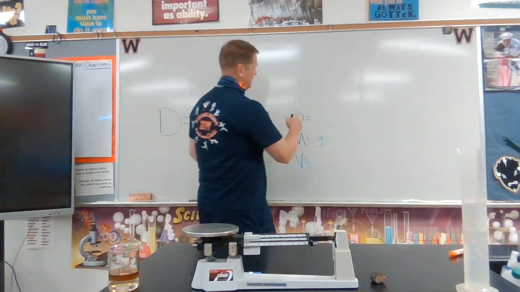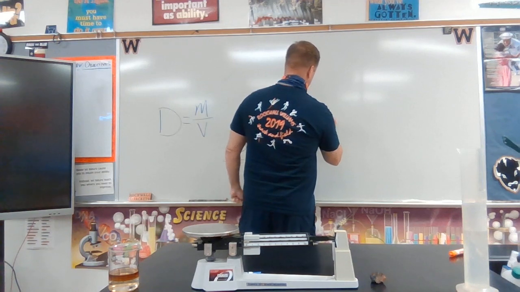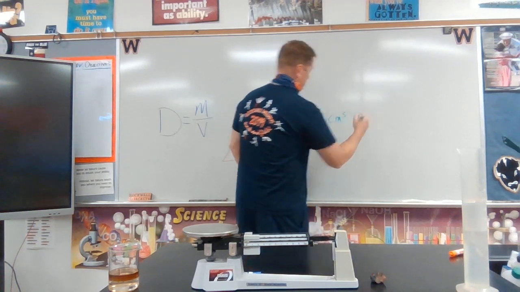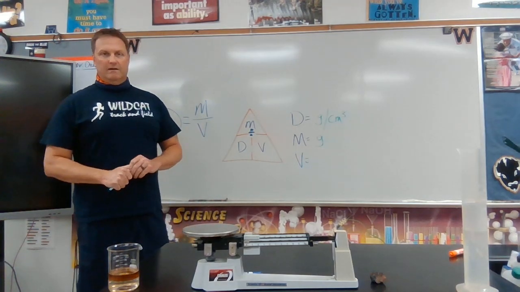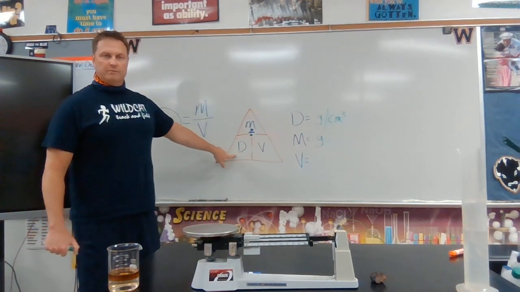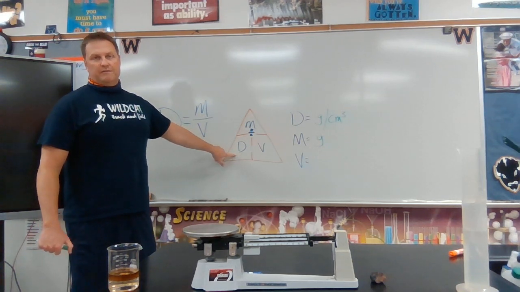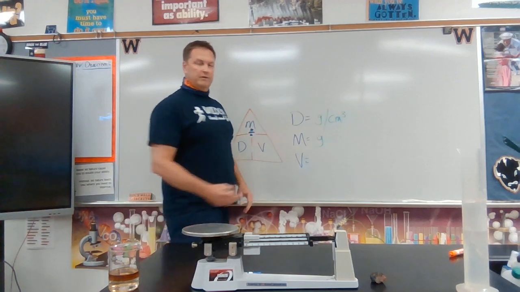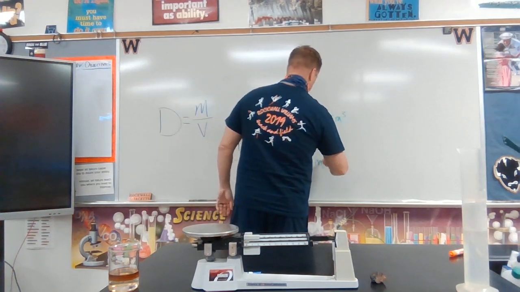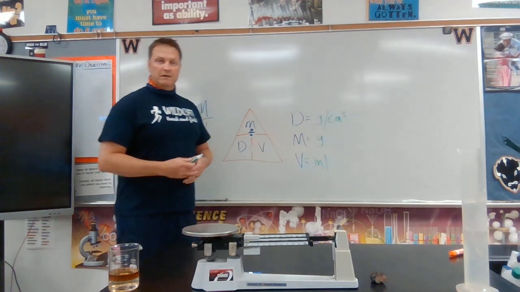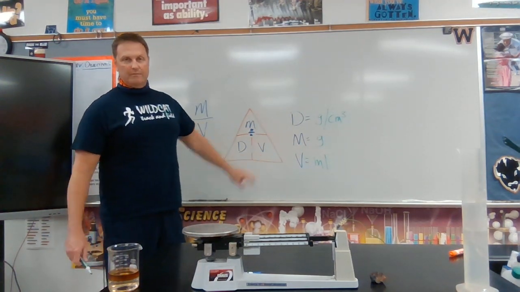The label for density is grams per centimeter squared. So if you get that label, you know that you have a figure that you're going to plug into the bottom of your formula triangle. The label that you get for volume is milliliters, mL. So in a word problem, if you get milliliters, you know you put that in the bottom of the triangle as well.